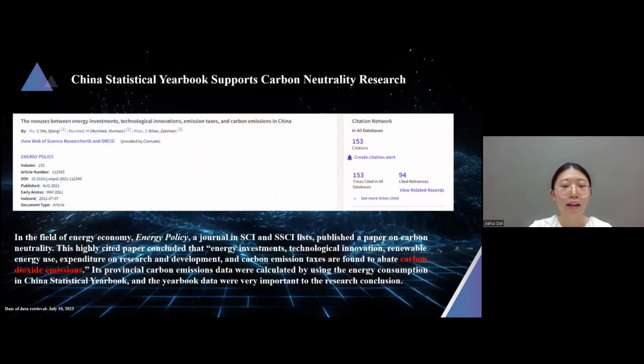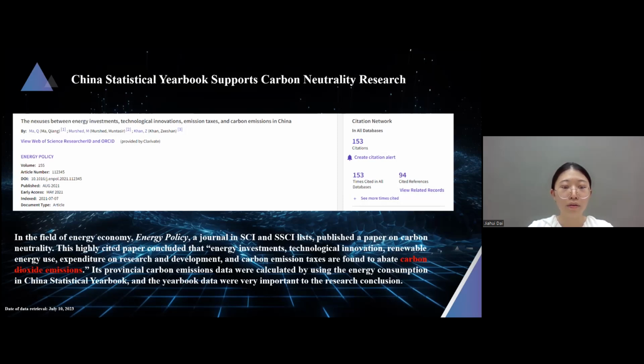Then, let's see how the China Statistical Yearbook supports carbon neutrality research. In an article on carbon neutrality published in Energy Policy, it's concluded that energy investments, technological innovation, renewable energy use, expenditure on research and development, and carbon emission taxes are found to abate carbon dioxide emissions.